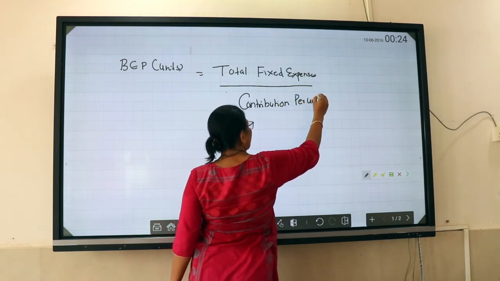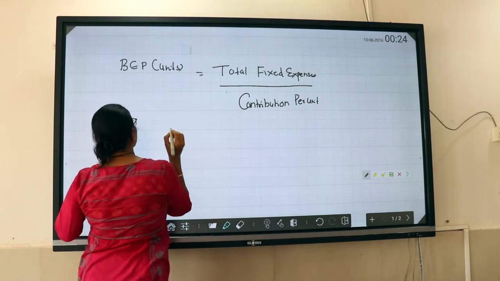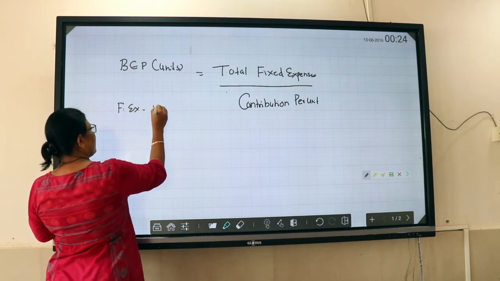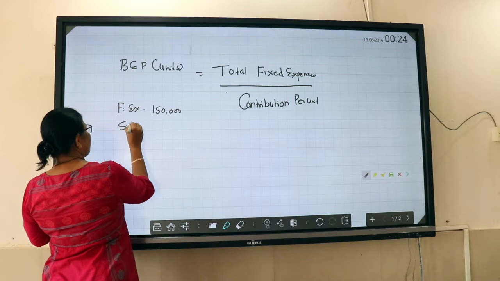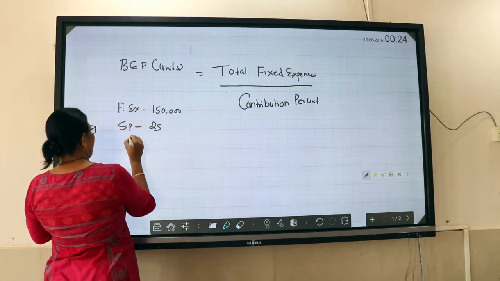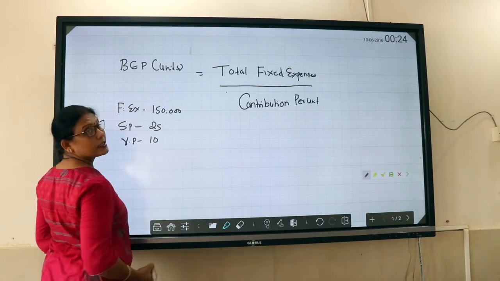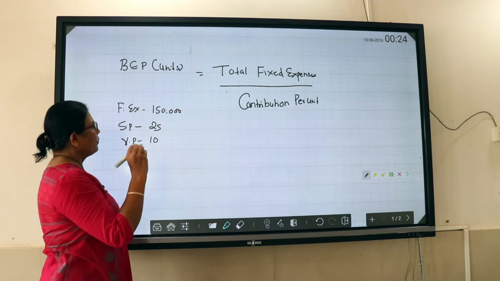I can use this formula. Okay, so for me, what information has been given? Fixed expenses are 1,50,000. Correct? Selling price per unit is 25 and variable cost per unit is 10. This is what has been given to us, and we have been asked to find out break-even point in units. Okay, let us find out.